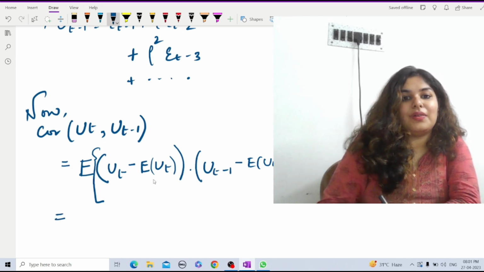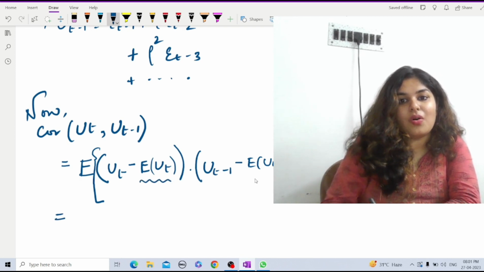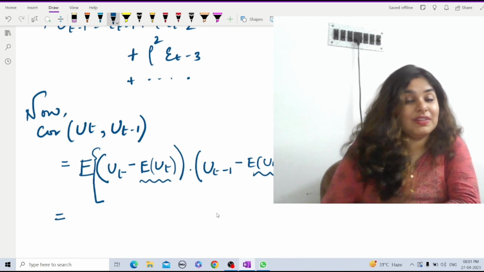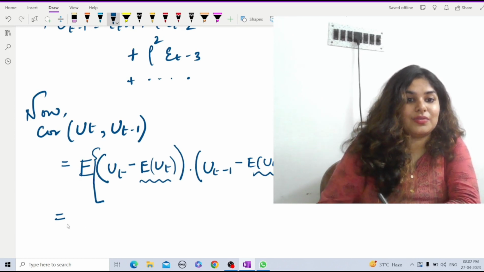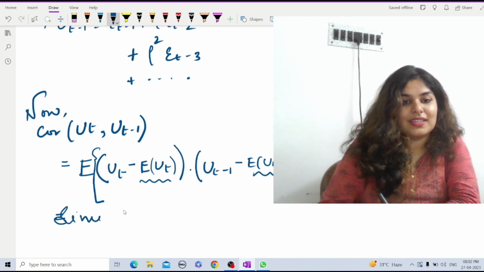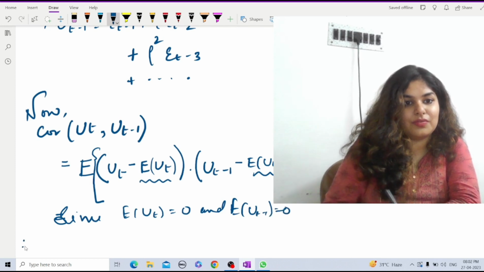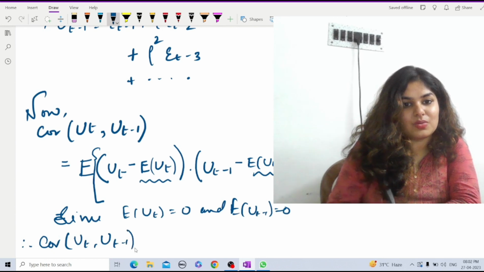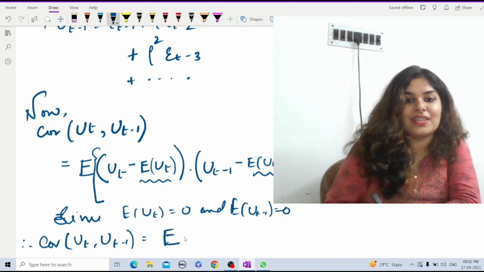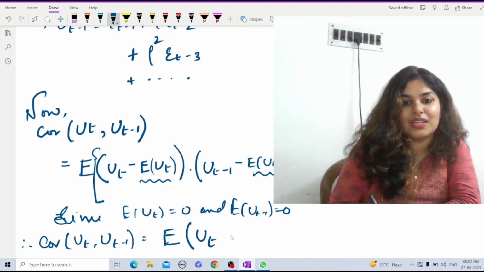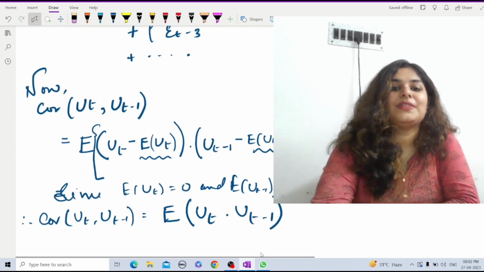So now we know that the mean of these disturbance terms, even when they are autocorrelated, is 0. Since E of ut is equal to 0 and E of ut minus 1 is equal to 0, therefore the covariance of ut and ut minus 1 is equal to expectation of ut into ut minus 1, right?